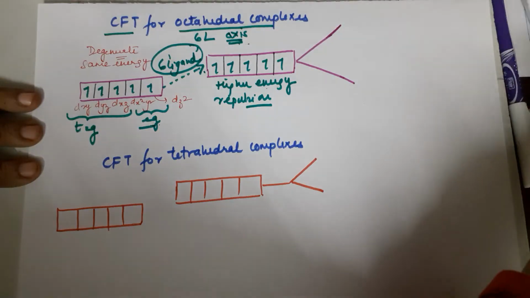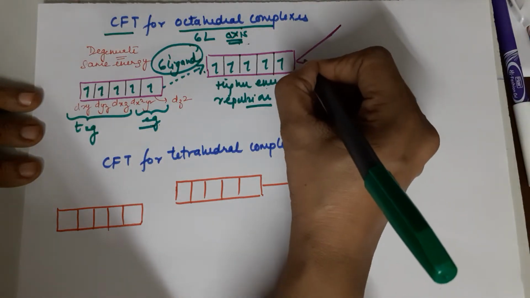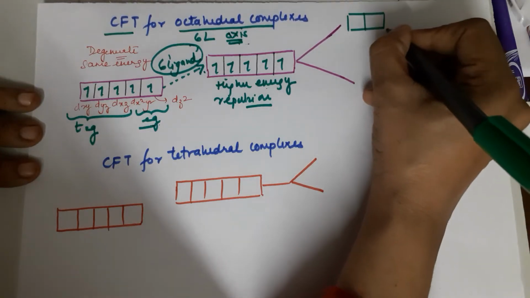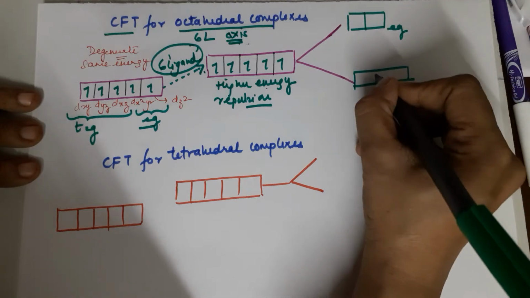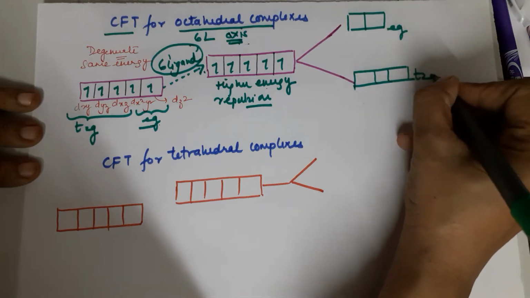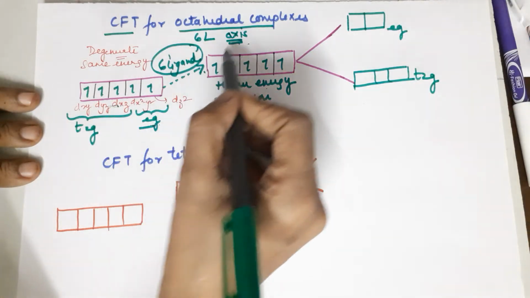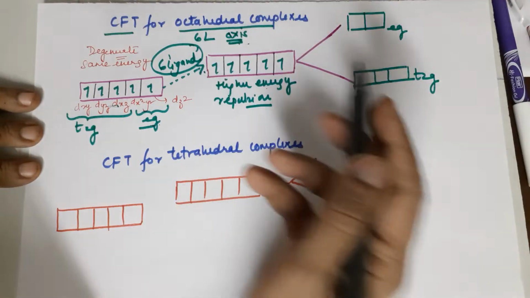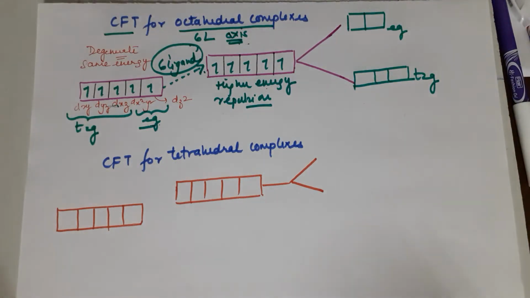So if the ligand further approaches, you have 6 ligands approaching, it will lead to increase in energy of the Eg, and comparatively there would be a lesser energy for T2g because T2g is in between the axis, while ligand in case of octahedral complexes approach on the axis.